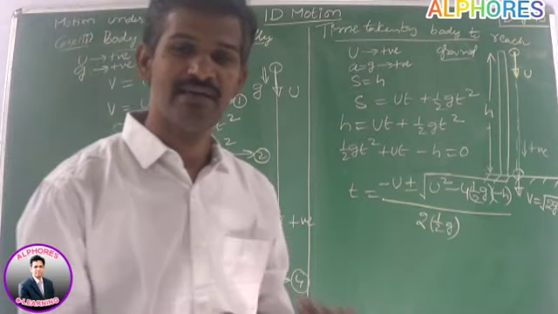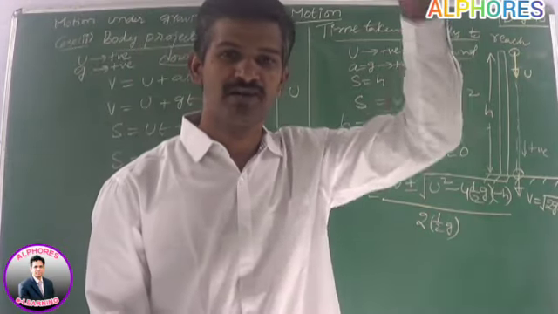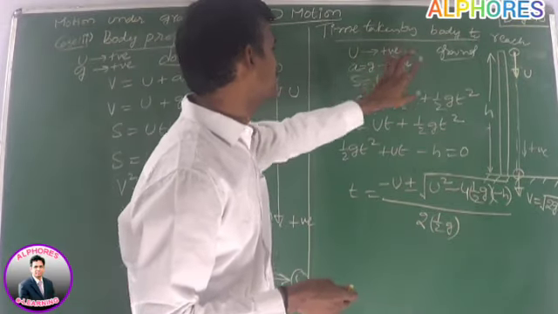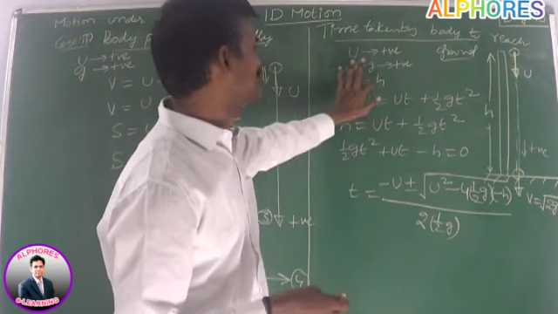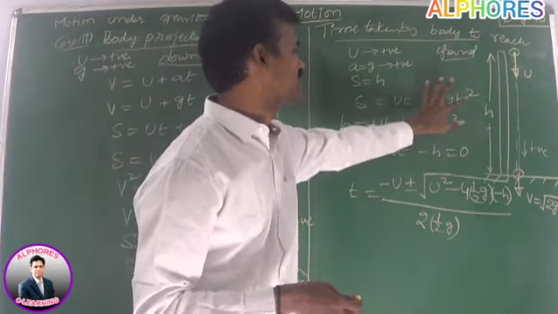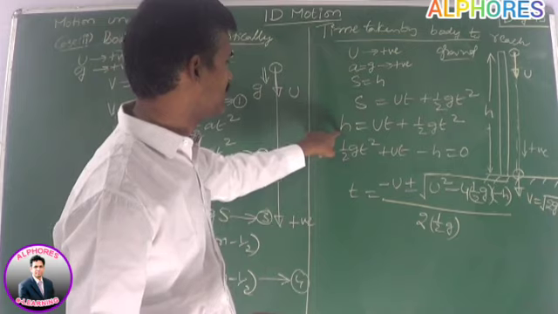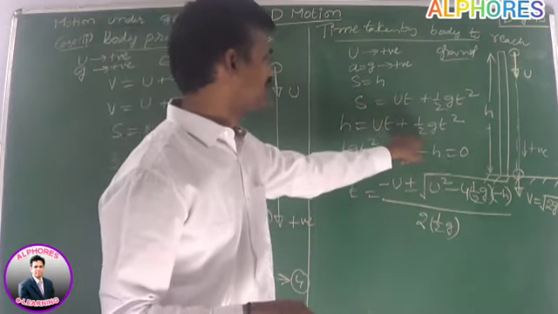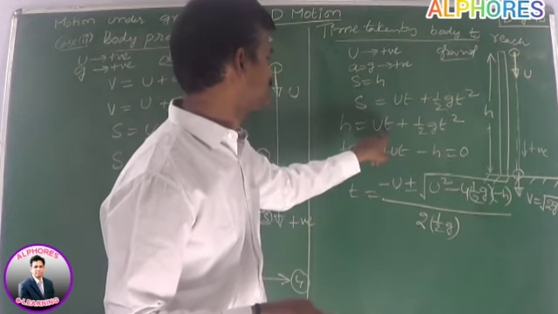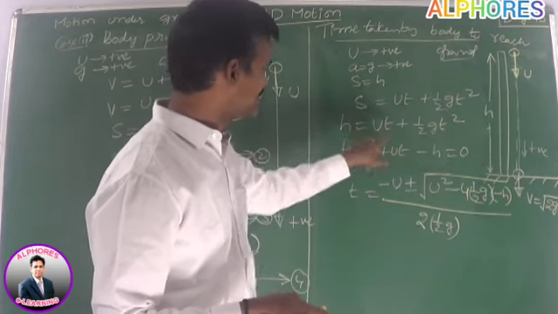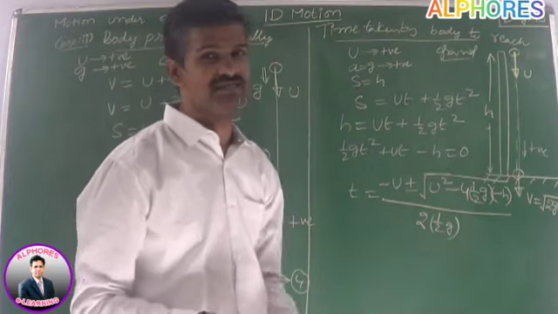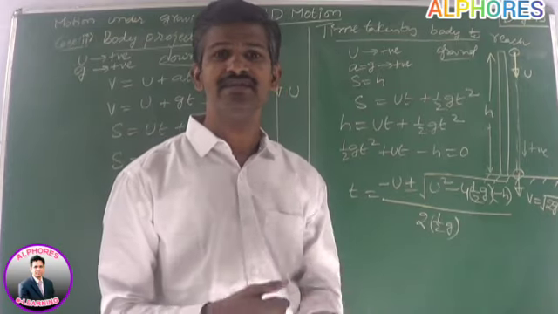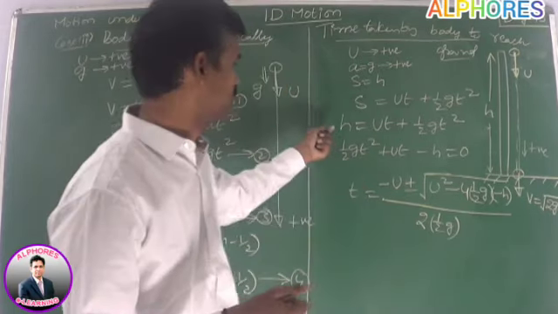Here we have to find the time of flight of the body as it is dropped from a tower of some height. To find it, I use u positive, acceleration g positive, and s equal to h in s is equal to ut plus half gt square. By taking h to the right side, I get half gt square plus ut minus h. It is just like ax square plus bx plus c is equal to 0. To find the time, I have to write the solution of the quadratic equation.